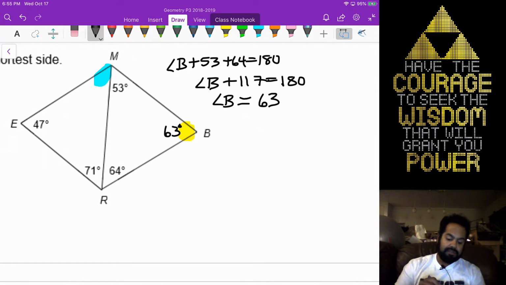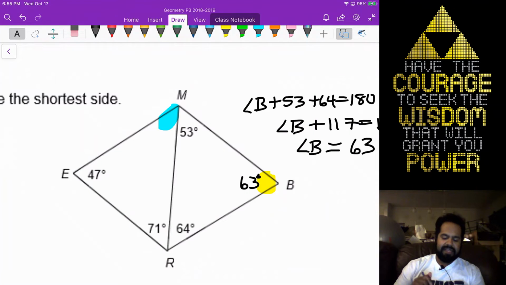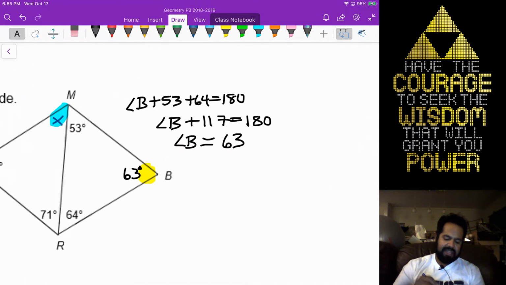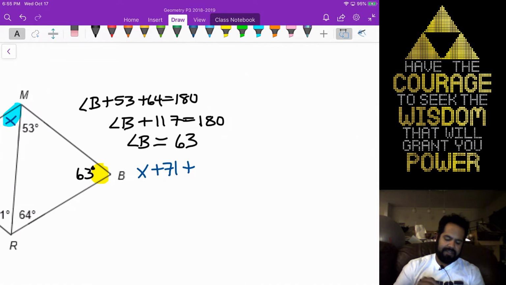And then on our other triangle, I don't want to say angle M, because we don't know if we're talking about this angle or this angle. So I'm going to give that a variable. Let's just call that X. Why not? So we're going to go ahead and say X plus 71 plus 47 equals 180 degrees.